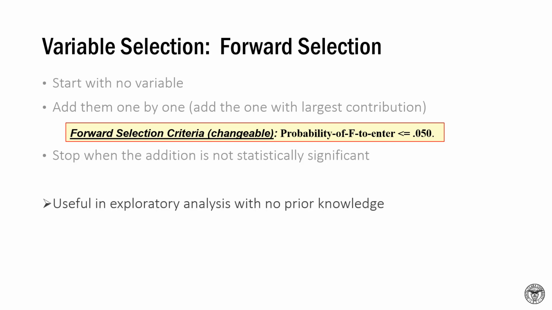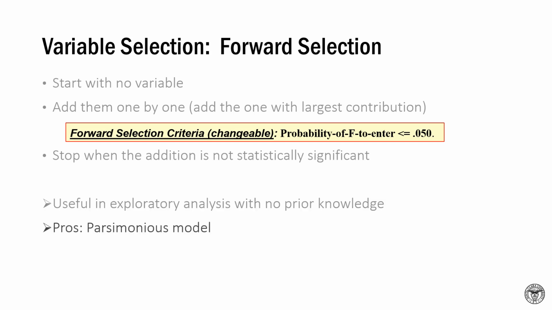The forward selection method is often used in exploratory analysis when the researchers have no prior knowledge of the independent variables that influence the dependent variable. It can also be employed in situations where the researcher has limited resources or time to analyze all potential independent variables.